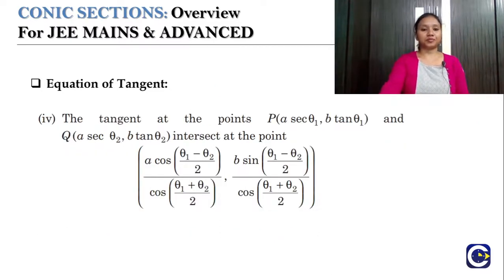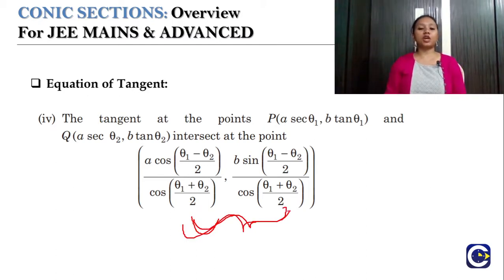Here we have two points, and tangents are drawn from these two points. If those two tangents intersect at one point, the coordinates of the intersection point are given here. You can see the coordinates here.